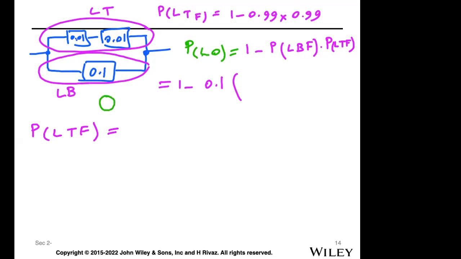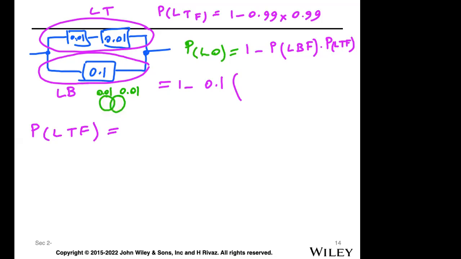There's a 0.01 chance that this guy fails. There's also a 0.01 chance that this guy fails, but there is some chance that both of them fail, right? And when we simply add, we have to subtract the case that both of them fail, because we counted it twice.